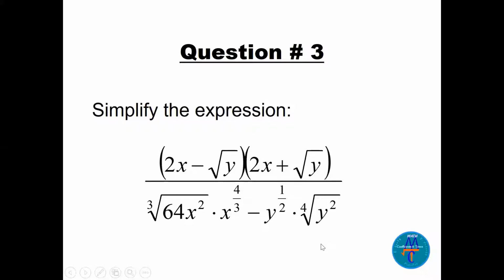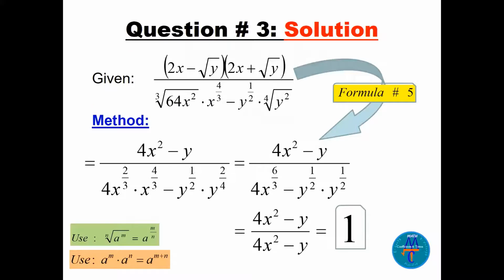Remember the formula now. Did you notice that in the numerator, when you multiply 2x by 2x, it will be 4x squared, and when you multiply the square roots, you get y? That's also formula number 5. This is for the numerator here: 4x squared minus y.